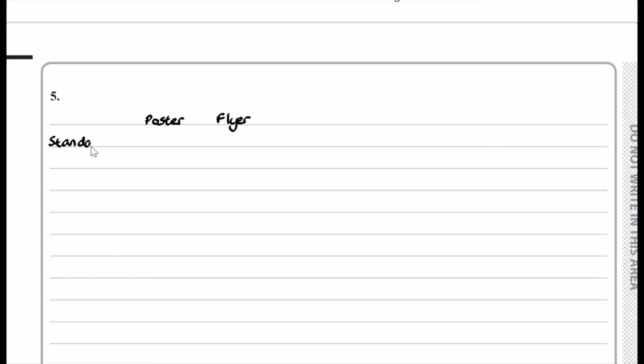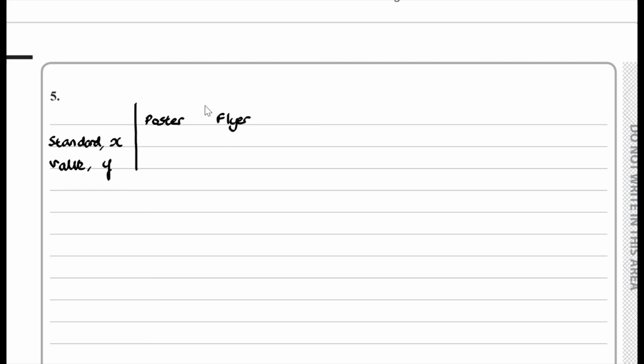So we have standard, which is X, and value, which is Y. I think that's the first thing we can do.